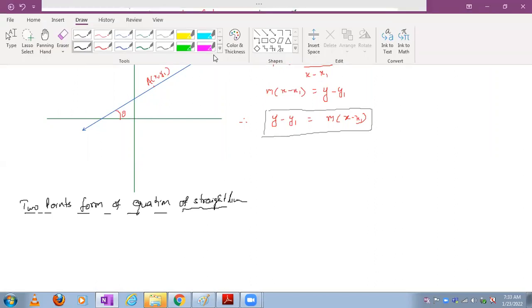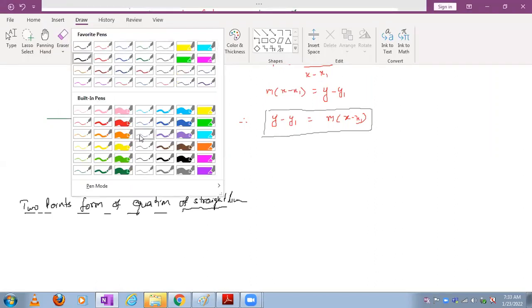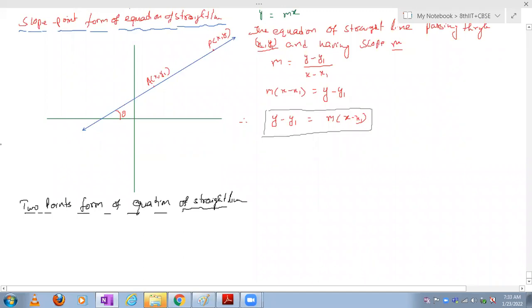Here, what I need to find out is the equation of the straight line passing through the points (x1, y1) and (x2, y2).